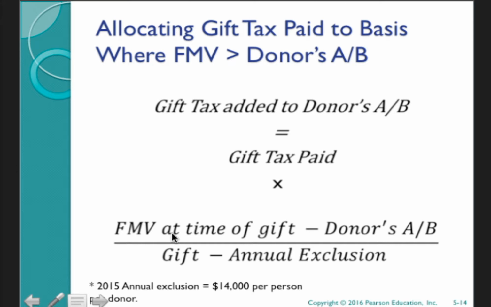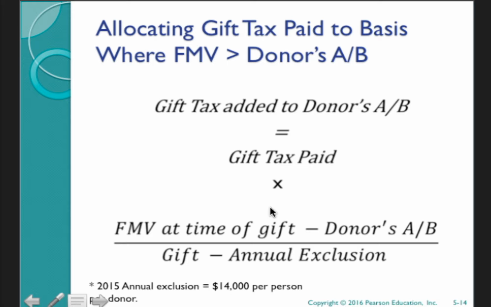Okay, so for 2015 tax year, which would be the taxes that we do starting January 1 for the previous year, that exclusion is $14,000 per person, and that can fluctuate, so obviously that's something you'd want to look up. But that's the basic equation, and we'll talk more about the gift tax later, but that is the basic equation that you would look at if you were the gift giver and paid this tax.